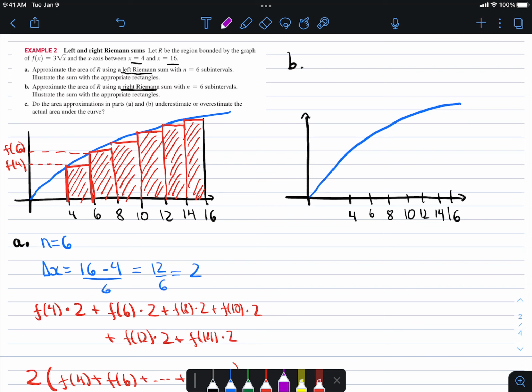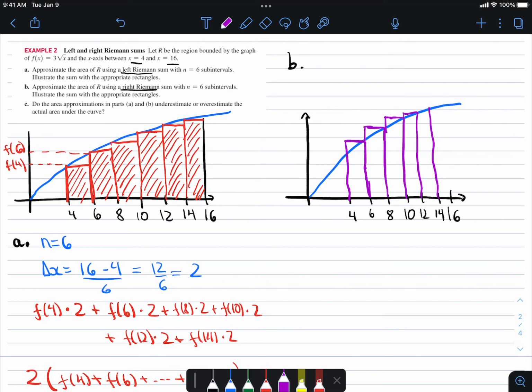But now we're doing right endpoints. So when I go here, I'm using f of 6 as the height. So I'm going this way. So now each rectangle will be higher. Right? We'll have bigger area than the area it's trying to approximate. So this will be an overestimate.